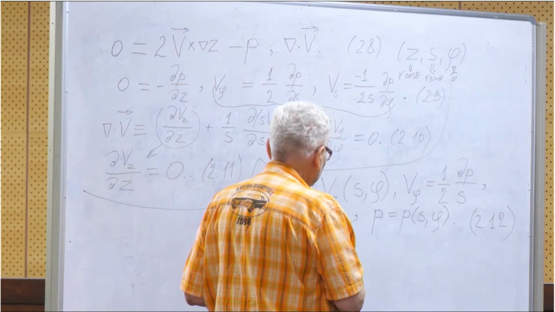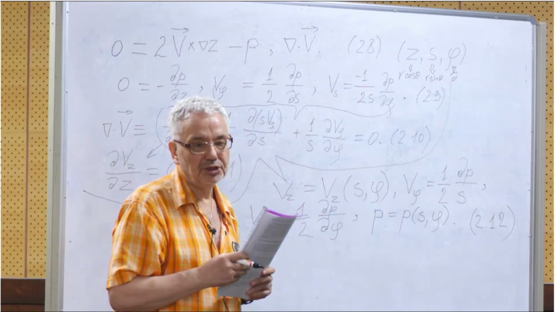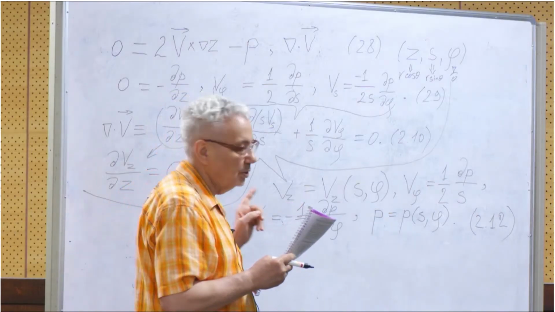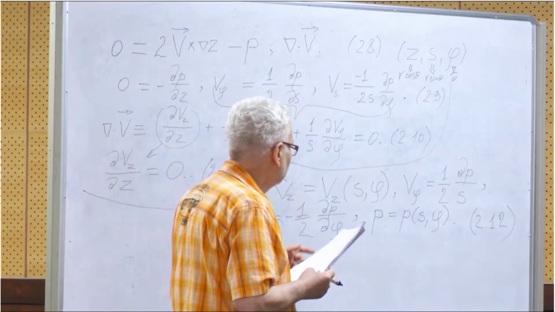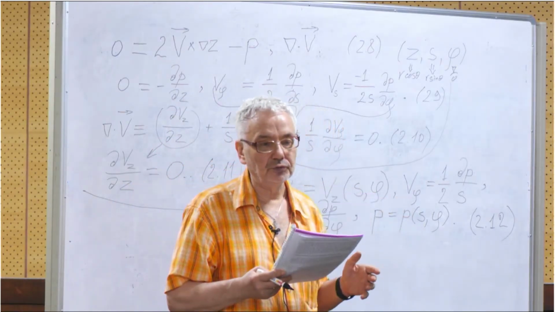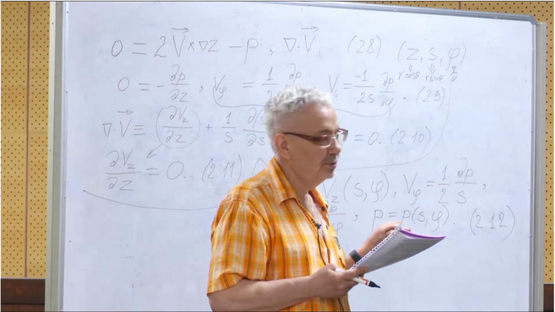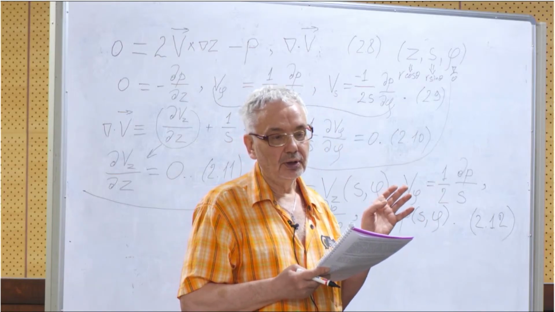Okay, let me stress again: what does the general solution mean? The general 3D solution, of course, this is a 3D solution. It means that it depends on some arbitrary functions. Because the problem is 3D, the arbitrary functions should be 2D.